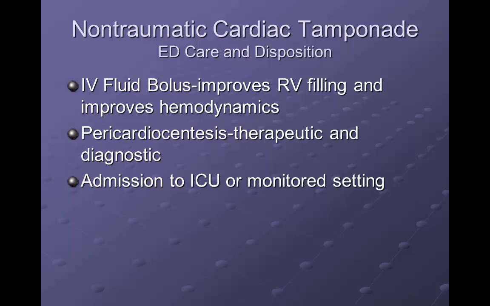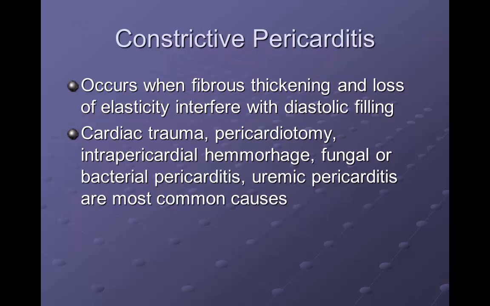Patients should be admitted to the ICU and monitored for hemodynamics. Let's talk about constrictive pericarditis, even though I basically touched on it a little bit before. Remember that it is uncommon and results from marked inflammatory fibrotic thickening of the pericardium and loss of elasticity interfering with diastolic filling.